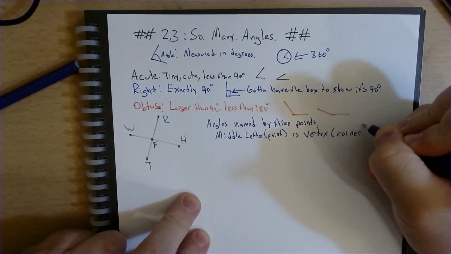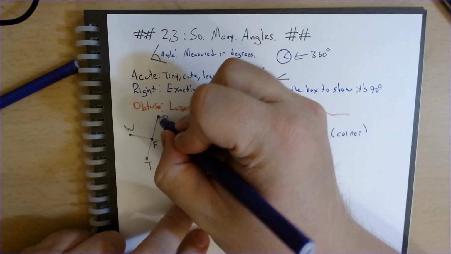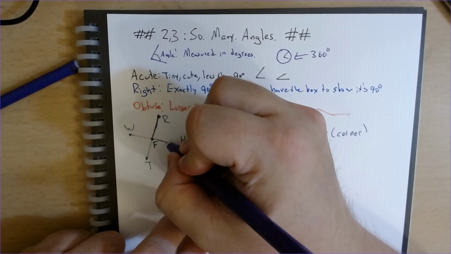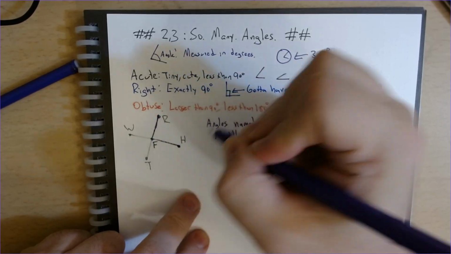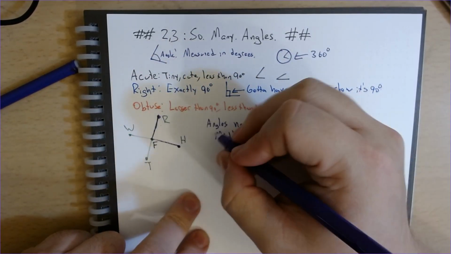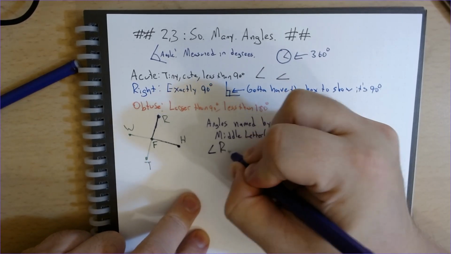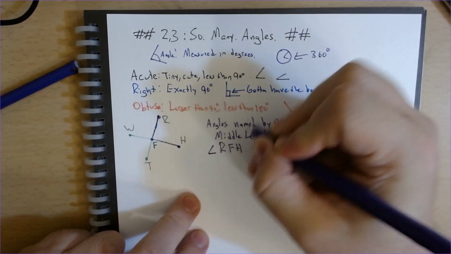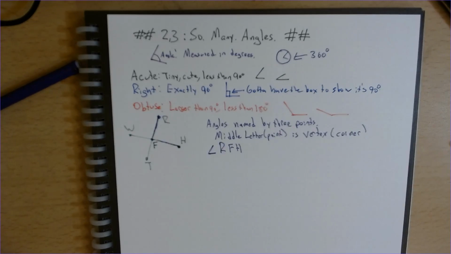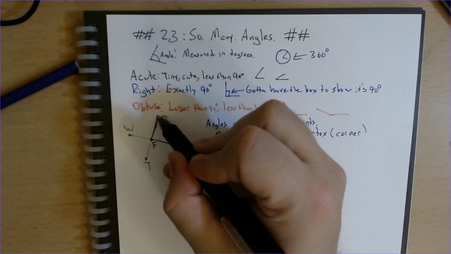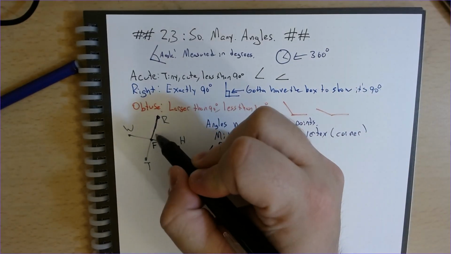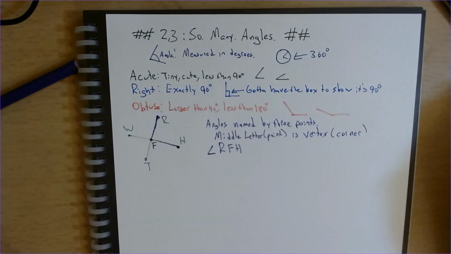So basically, if I want to talk about this angle right here, I would name that angle, and you put the little angle symbol here, RFH. So what that tells people is you start at R, you go to F, you go to H. That's the angle you're looking for.